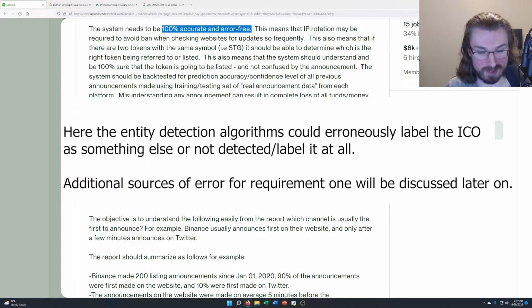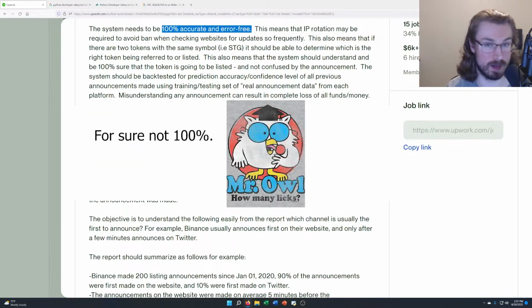Unless the data is so regular, and even then, 100% and error-free is not going to happen. Even if you have the most trivial domain, like predicting how many licks to the center of a Tootsie Pop, even that's probably not 100%. Maybe a bad example. Nothing is 100% with these models or predictions.